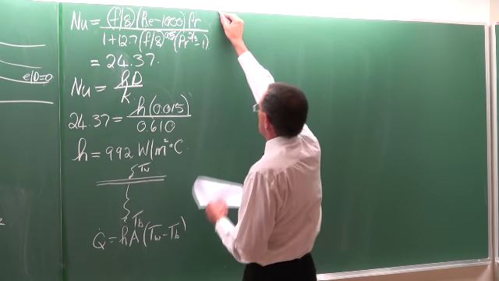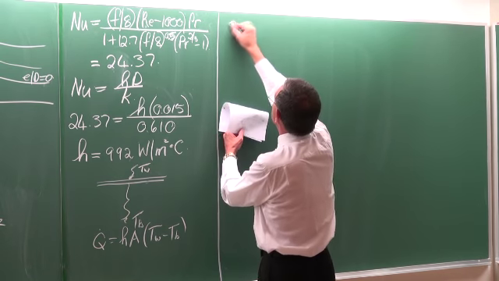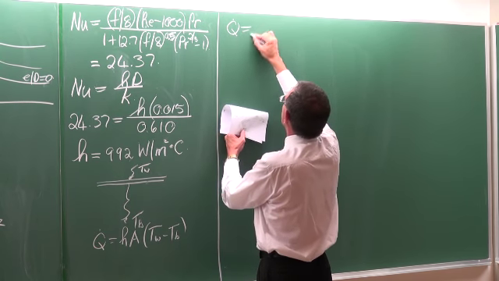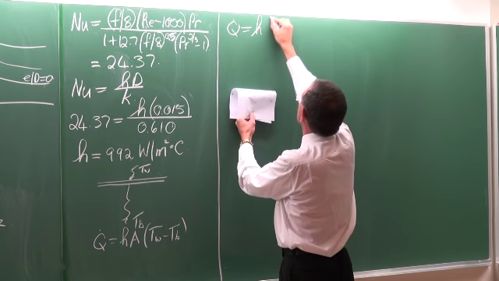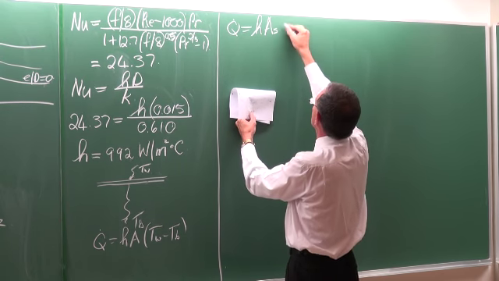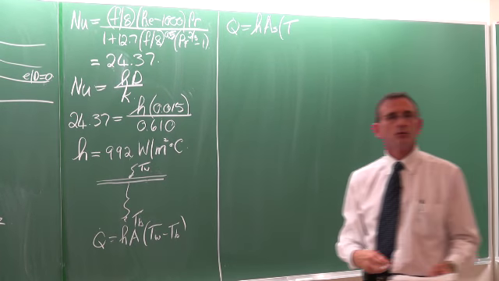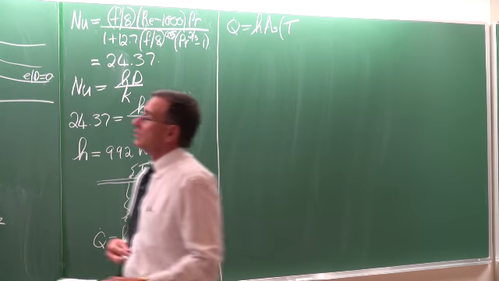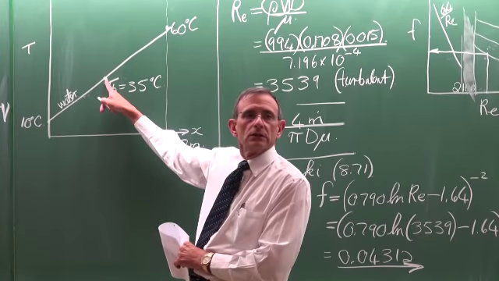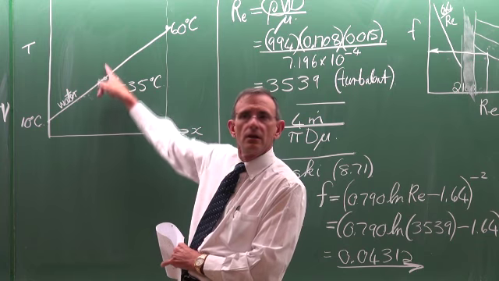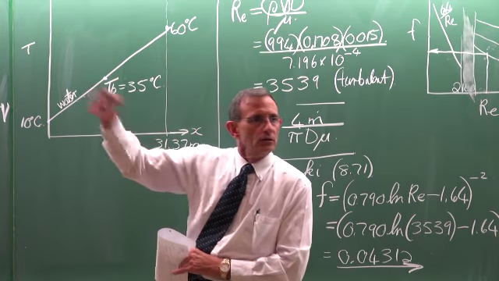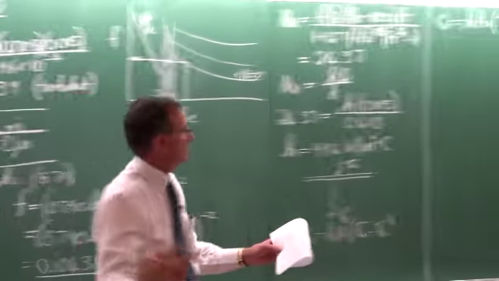So, in this case, we do have the heat transfer rate. So the heat transfer rate is equal to the heat transfer coefficient multiplied by the surface area. Now, what temperature do we use? What temperature do we use? Well, I'm going to use the bulk temperature, and I'm going to explain to you just now why, and you're going to see it is very simple.